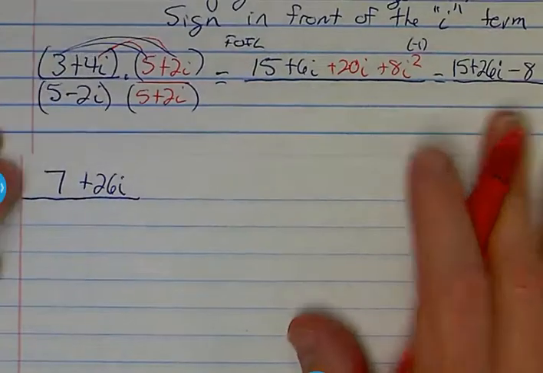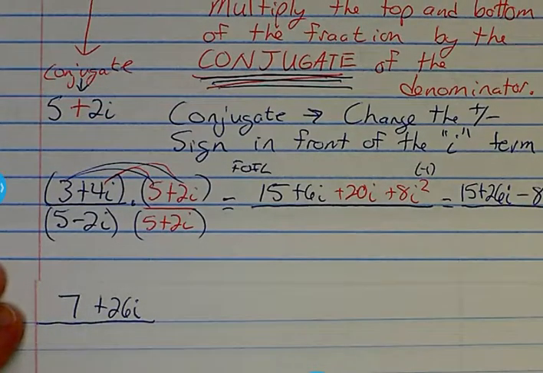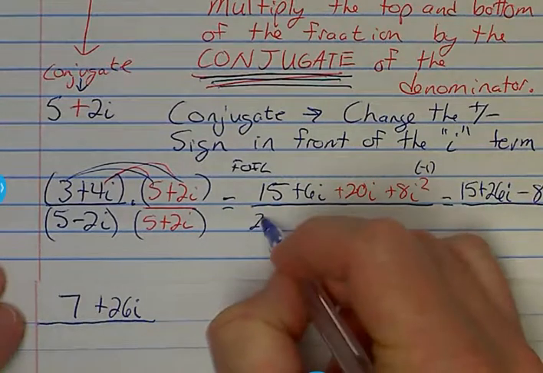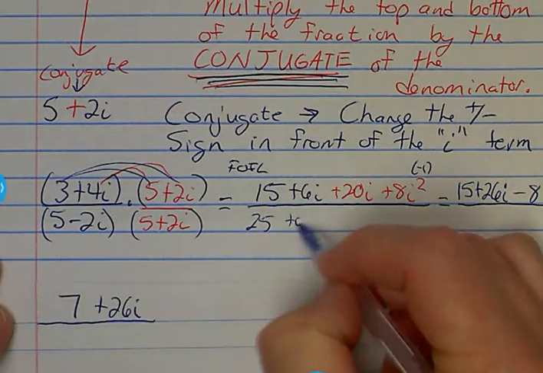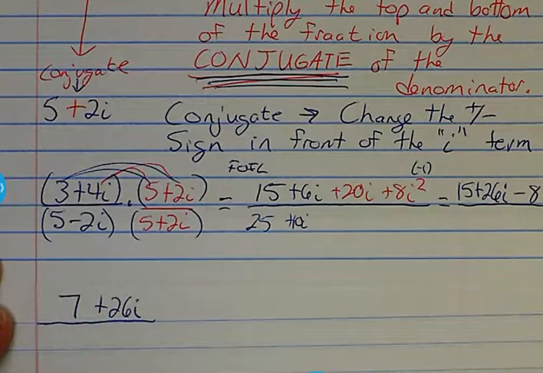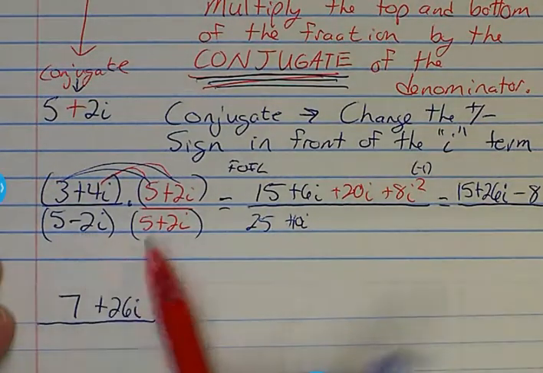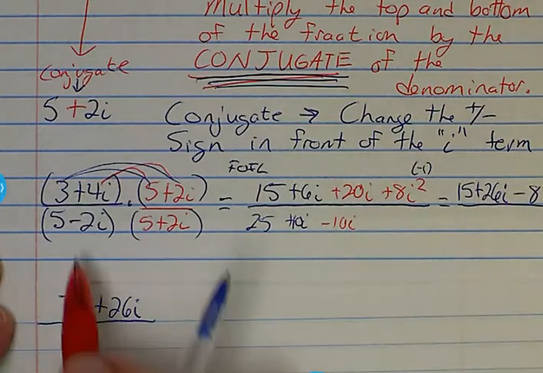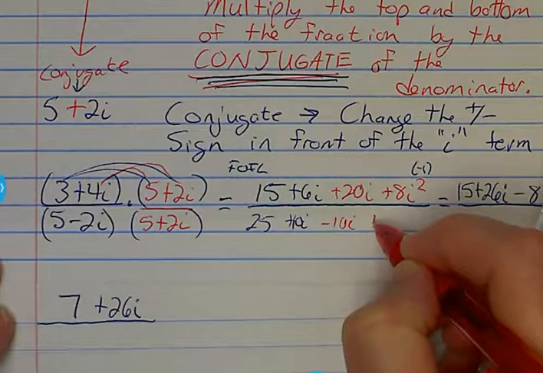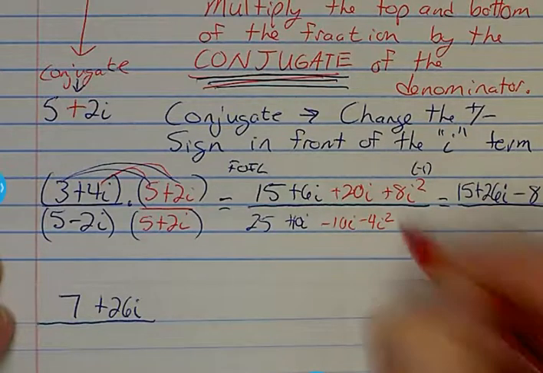So we'll walk through the setup on this one, but we'll show you the shortcut at the same time. If we do 5 times 5, we've got 25. If you do 5 times 2, that's a 10i. If we do negative 2 times 5, that's negative 10i. And then we've got negative times positive, so that's going to be a negative 4i squared.